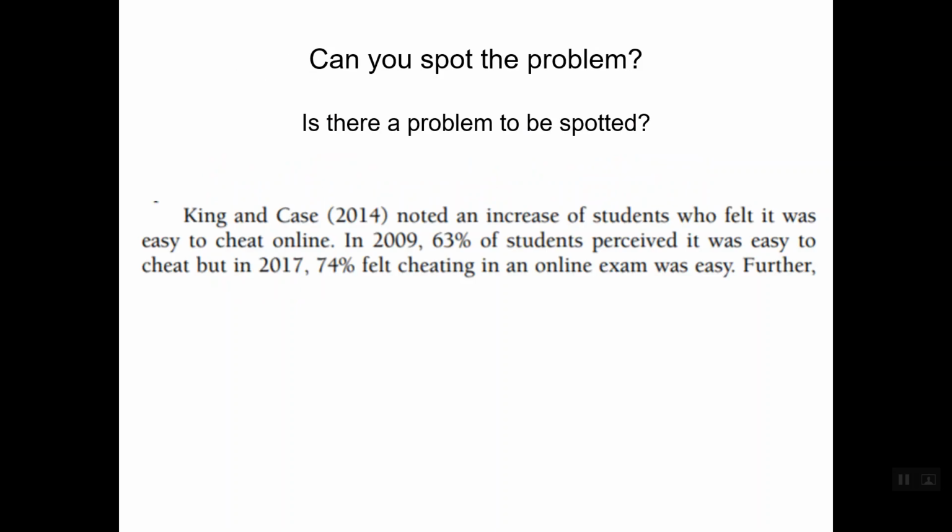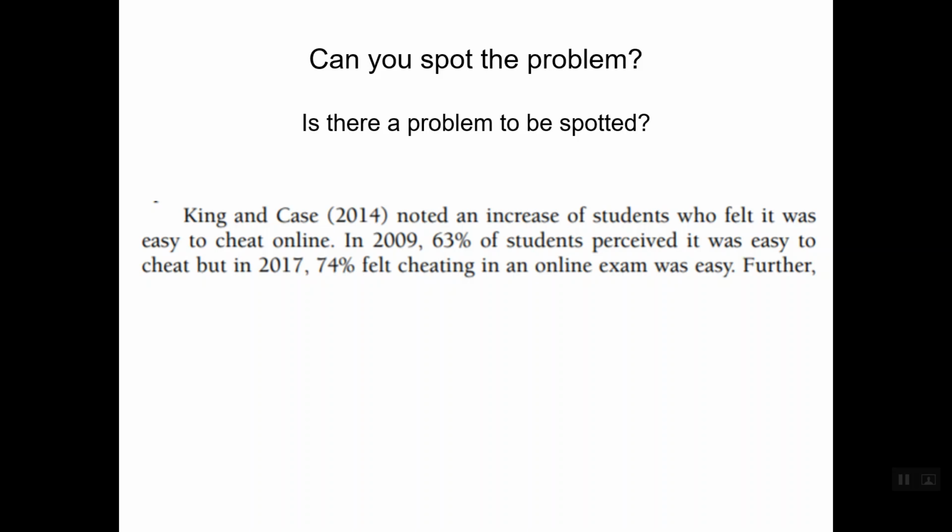Here's an excerpt, a sentence from page 2 of her article. Can you spot the problem? Is there even a problem to be spotted? Let's read it together. King and Case, 2014. In other words, Professor Hollis is quoting or referencing another article.